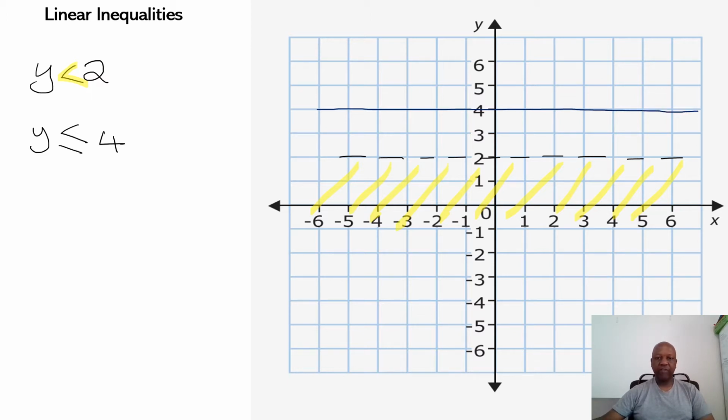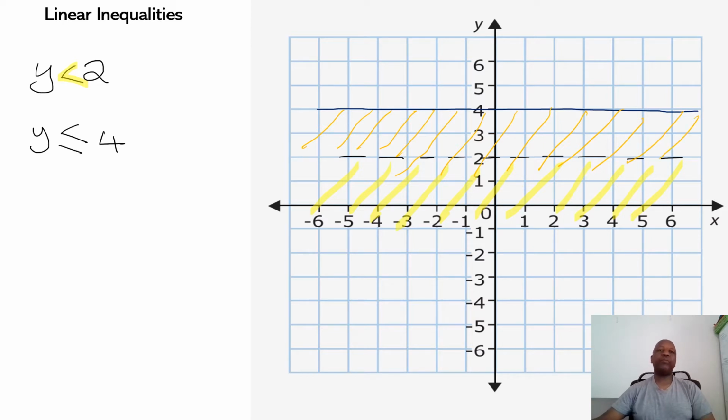But as you would have noticed, it is now a solid line instead of a broken line. We are looking at the whole area below 4, but also including 4 because of the less than or equal to 4. So all that area there.